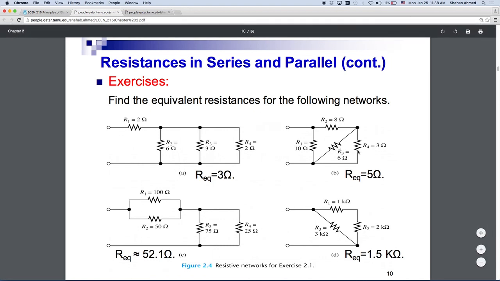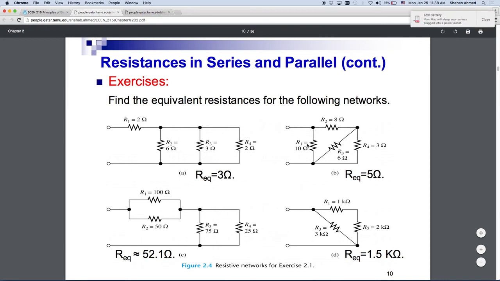So, okay, how do I approach this? Yes? Sure. So R3 and R4, you find the parallel equivalent resistance. And then you add that parallel equivalent resistance to R2. You will find the equivalent resistance of now these 2 parallel with this series.